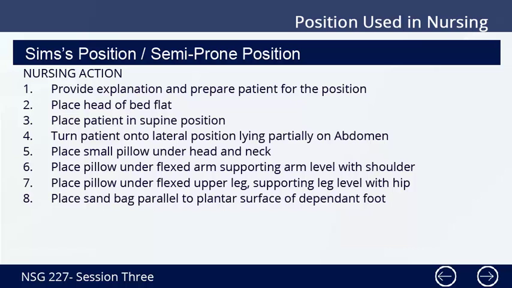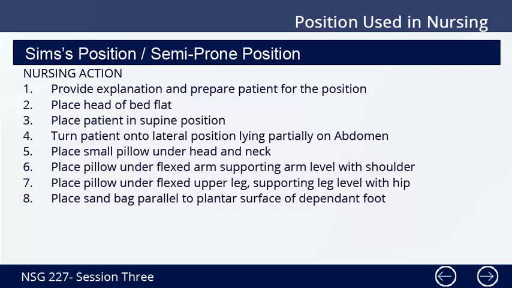3. Place patient in supine position. 4. Turn patient onto lateral position, lying partially on abdomen. 5. Place small pillow under head and neck. It maintains alignment and prevents lateral neck flexion. 6. Place pillow under flexed arm, supporting arm level with shoulder.